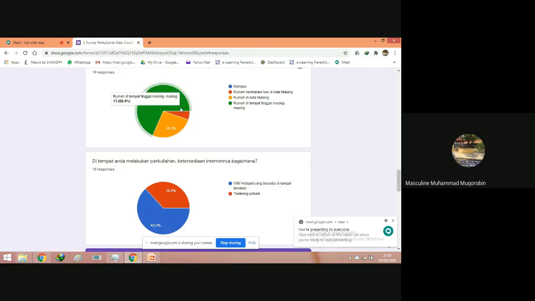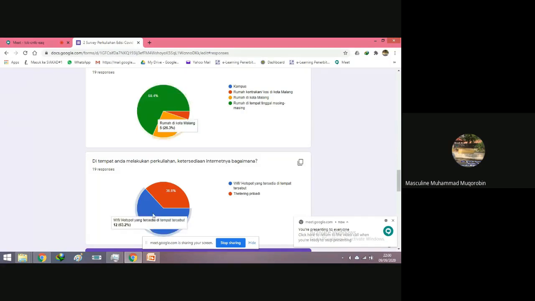Based on the survey results, the majority of students in this class are in their home, and the rest of them are in Malang. 12 of them took advantage of the Wi-Fi facilities available in their home.